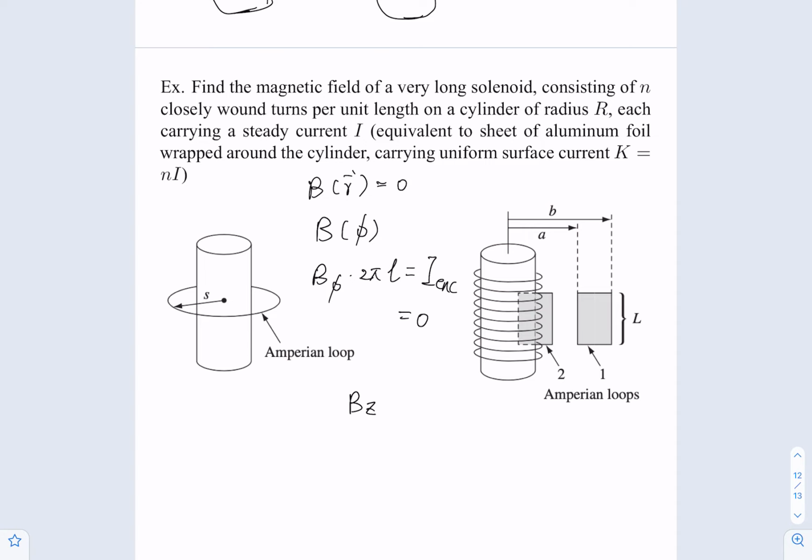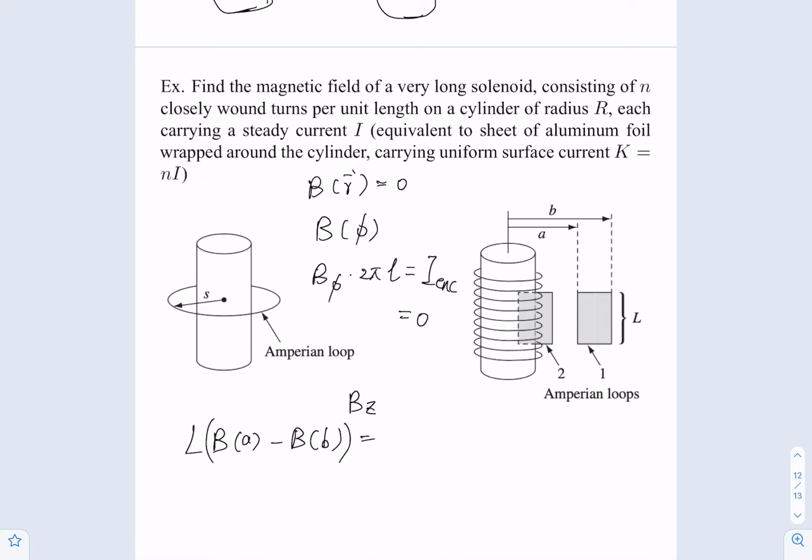Then B at a radius A times L, minus B at a radius B times L, this is the B dot dl across the loop, and because there are no currents on the surface here, this integral is 0, which means that B at radius A must equal B at radius B. However, we know that at a place infinitely far away from this solenoid, the B field must decay to 0.